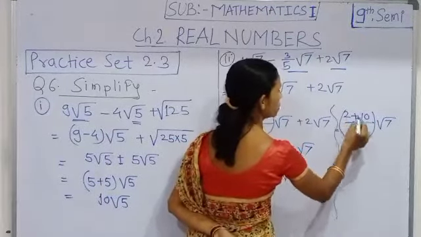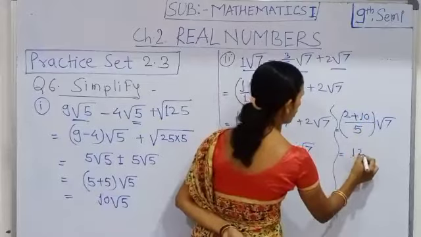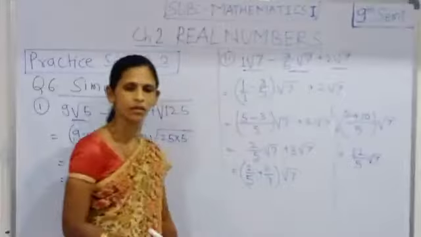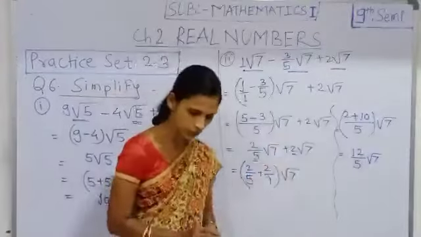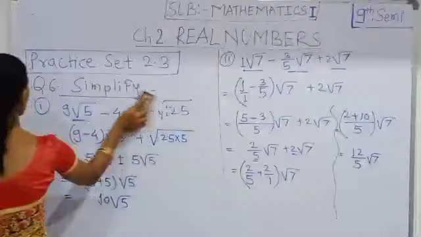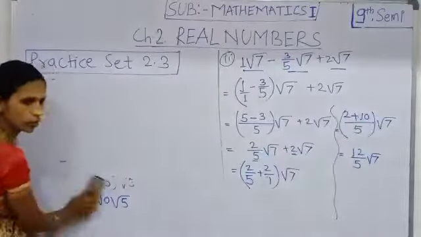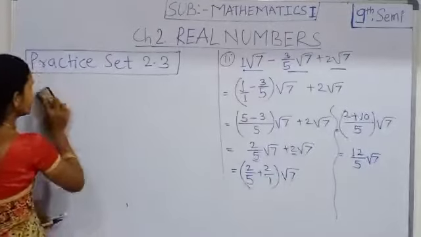Therefore 2 plus 10 is 12 upon 5 root 7. That is the simplification of the given examples in question number 6.